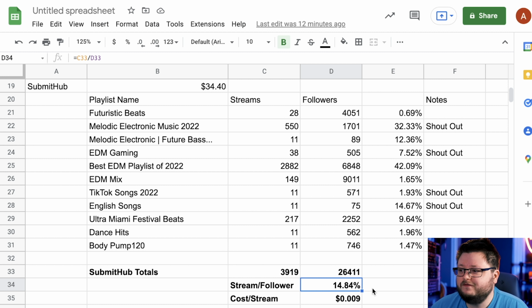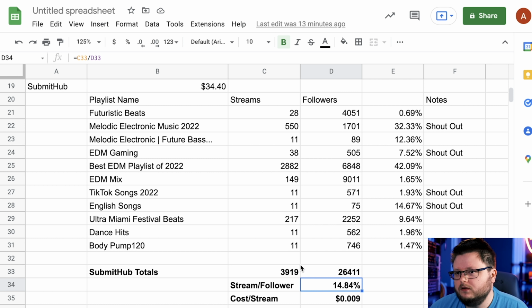So it's almost 5 times better streams per follower. That's an interesting data point, right? Obviously this is averaging all these playlists, but to me this shows that in terms of playlist quality, you're much better off being on Submit Hub compared to Playlist Push.